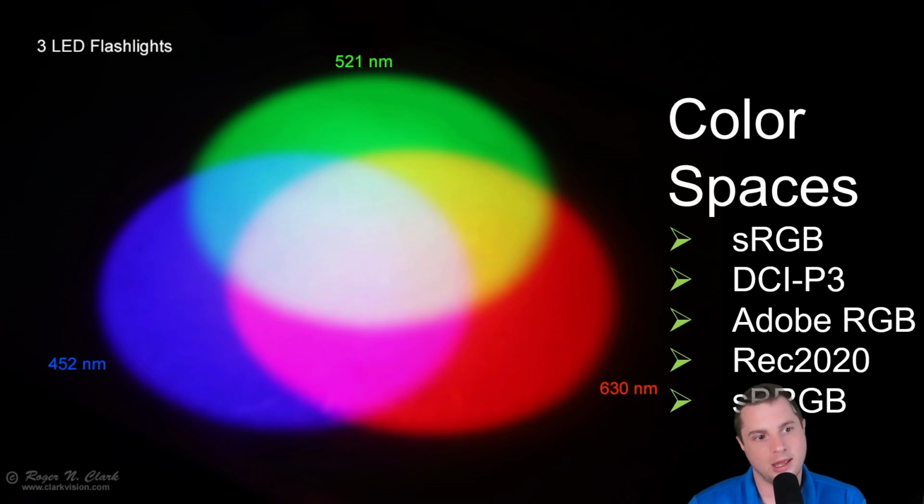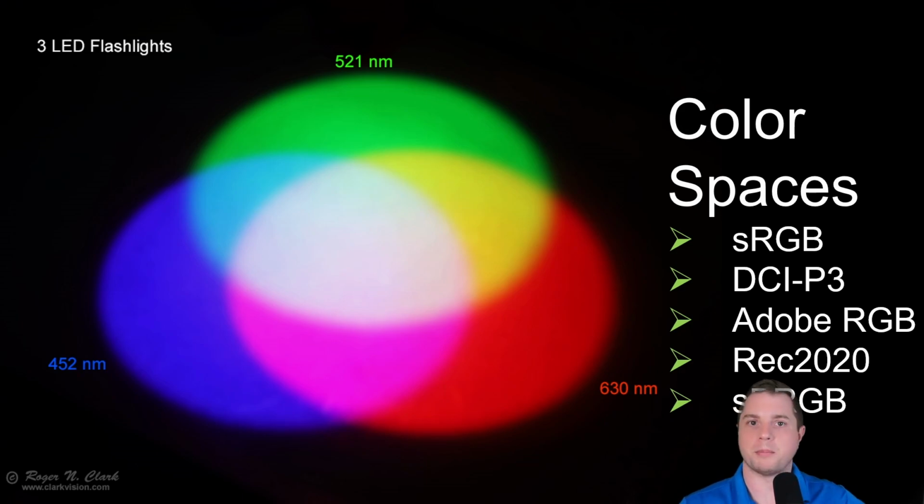Anything that we have that is a computer, a monitor, anything that we consider technology is a representation of reality through a series of ones and zeros. Color spaces are no different.